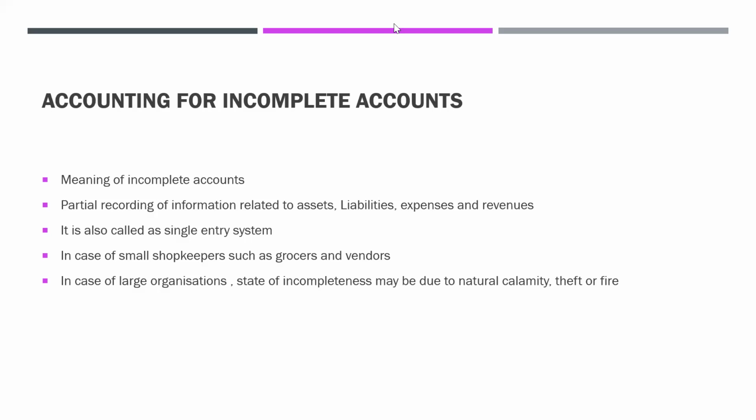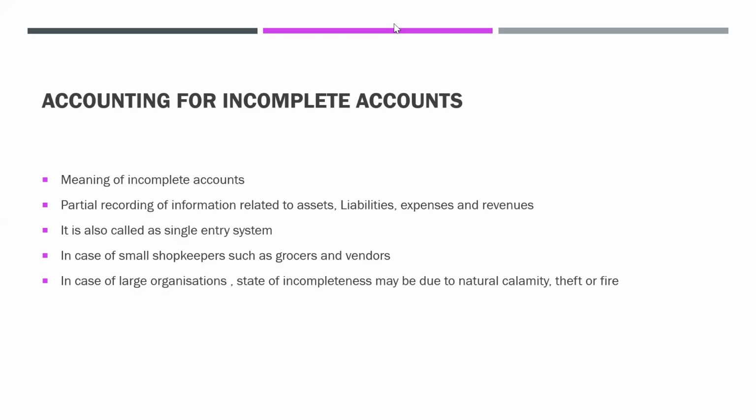The owner himself will write this much money was received for starting the business, this much amount of goods purchased, and so on. All the details will be written in a book. You cannot say it is not a business because the owner writes only in a diary and not in a book of accounts. It is also a business, but a small scale business.